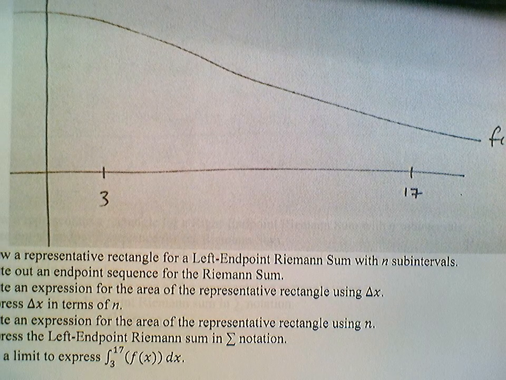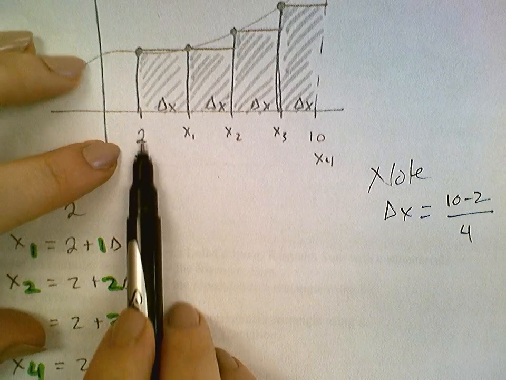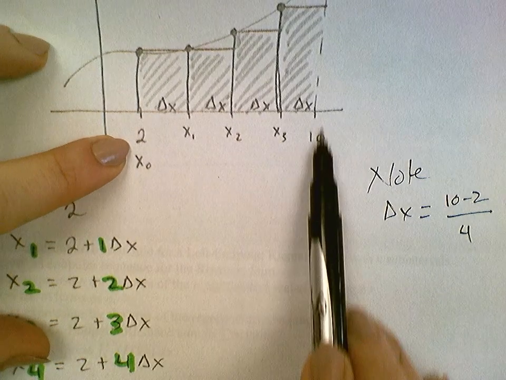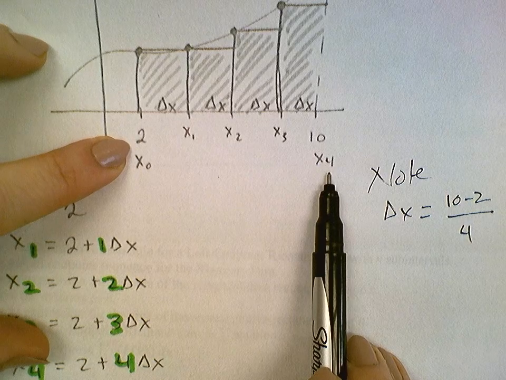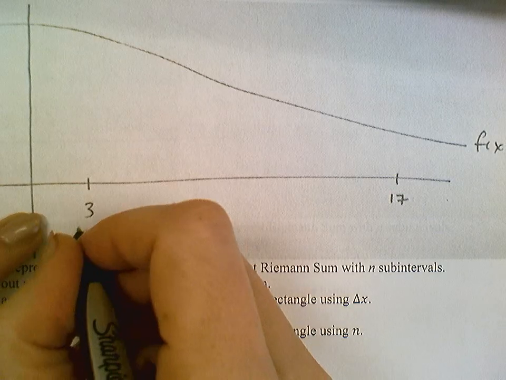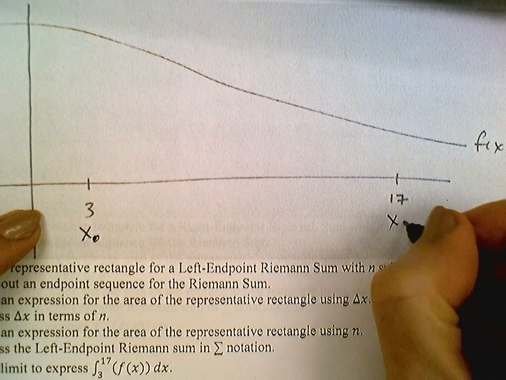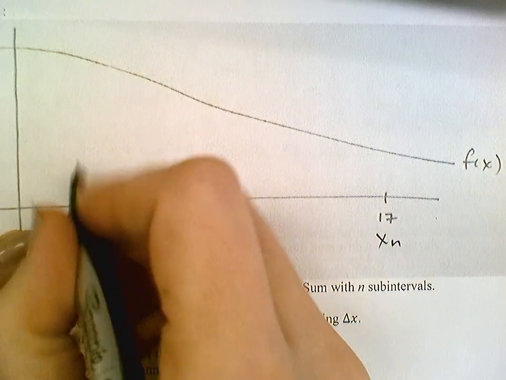That's why x sub 0 was 2, but 10 was x sub 4, because we were using 4 subintervals. So if we're using n subintervals, this is x sub 0, and this is x sub n, all right?